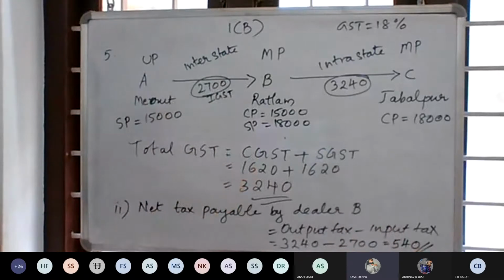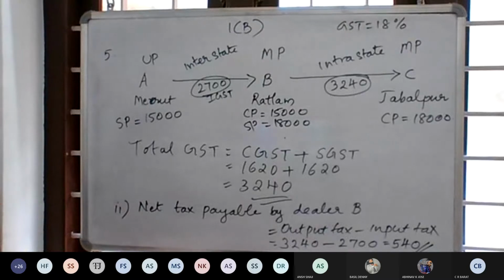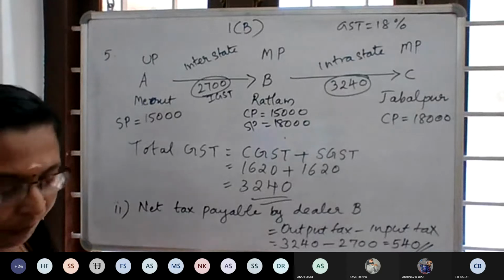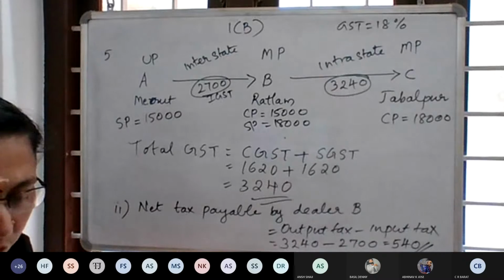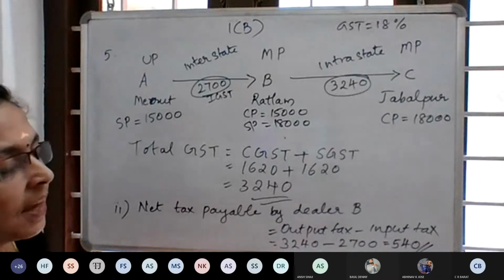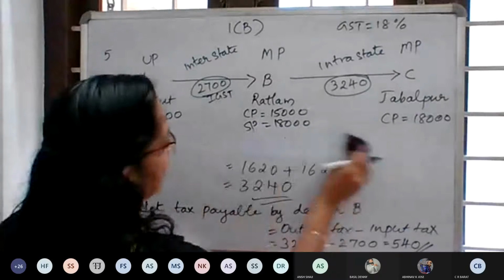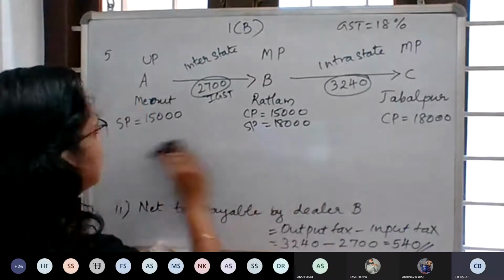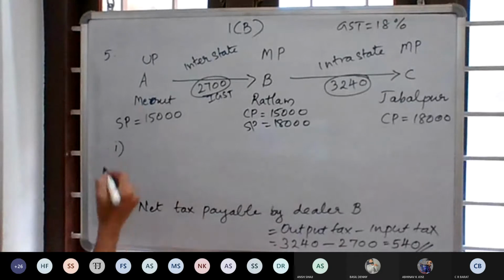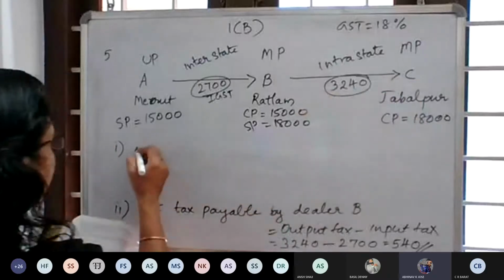Second part done. What about the first part? Cost of goods or services to dealer C in Jabalpur.